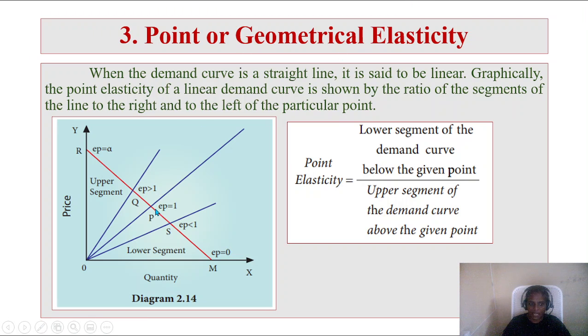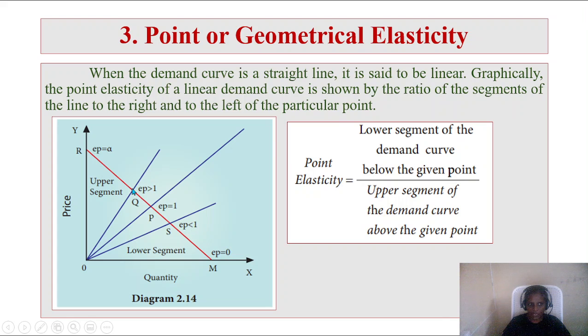And you see the other situation, the second straight line, which lies below the unitary point, the central point, where EP will be lesser than 1. Now we are getting the three straight lines: EP equal to 1, EP greater than 1, and EP lesser than 1.